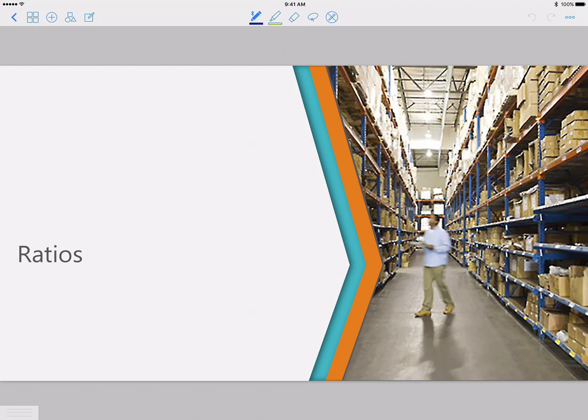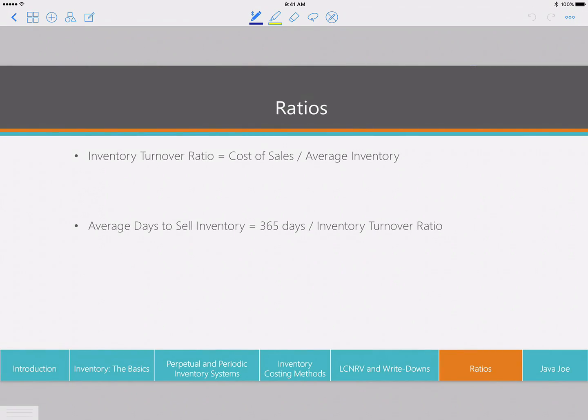And finally, we're going to end off today's lecture with a discussion about ratios, and then we're going to jump back into a Java Joe problem. So we have two ratios today. If you recall from Chapter 7, we had the receivables turnover ratio. Well, now we have the inventory turnover ratio, and this measures how quickly, or how many times a year, you turn over or sell through your inventory.